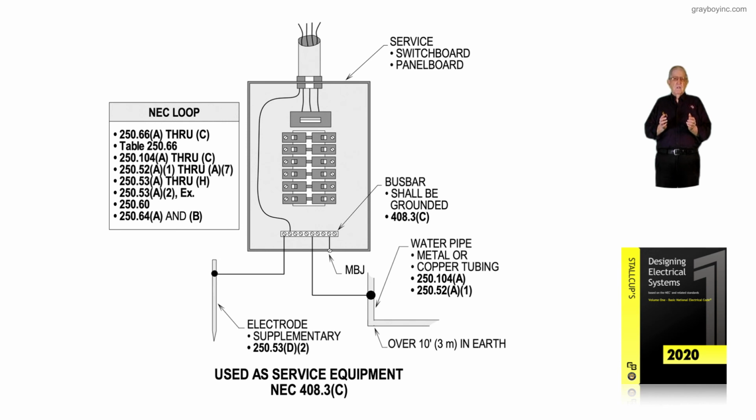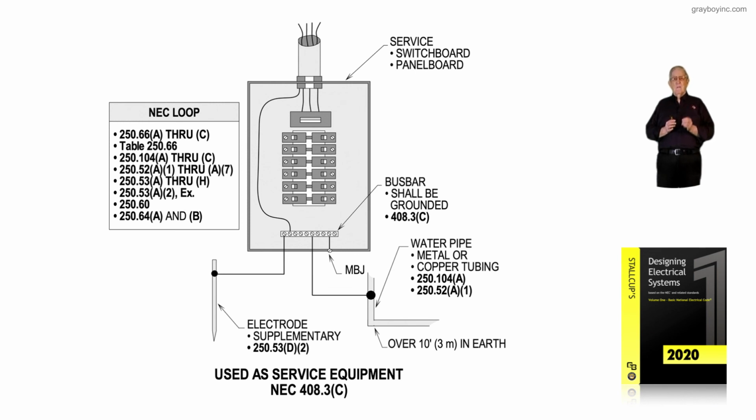But if you had structural steel that was grounded to a concrete encased electrode, then we just ground to the steel and it's done. So this Figure 7-2 illustrates a panel board that is being used as service equipment according to the rules of 408.3(C) and is connected to earth ground.